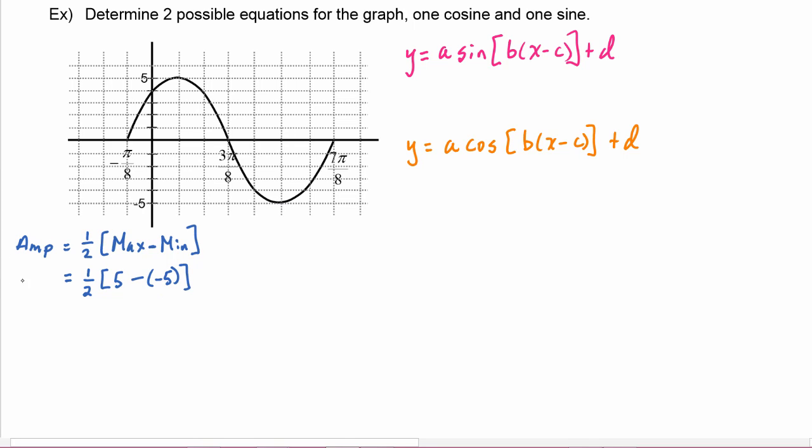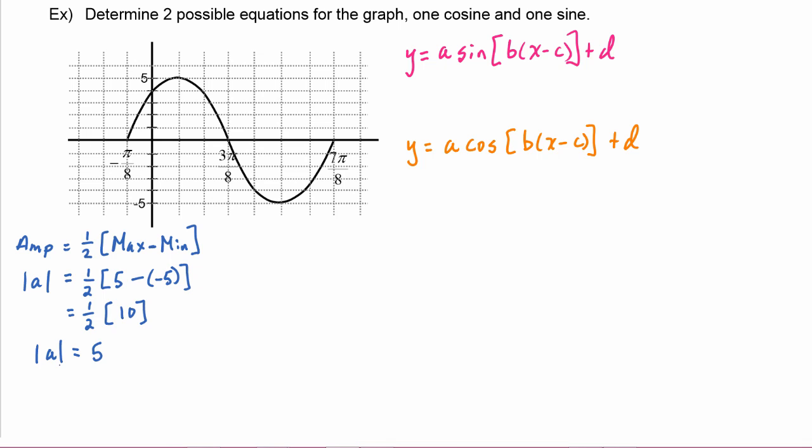Remember that amplitude is the absolute value of a. So we have 1/2 of 5 minus -5, so of course that becomes plus, and this is 10 inside the parentheses, and half of 10 is 5. So we know the absolute value of a is 5.